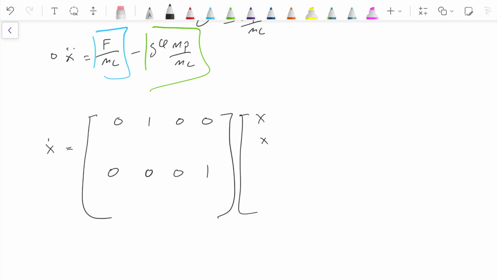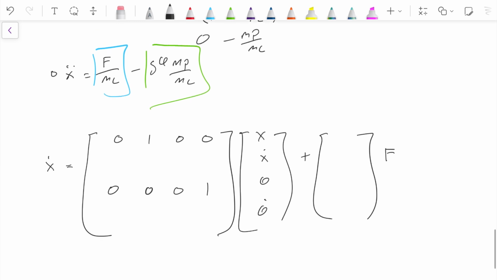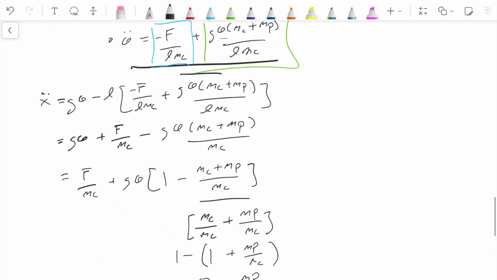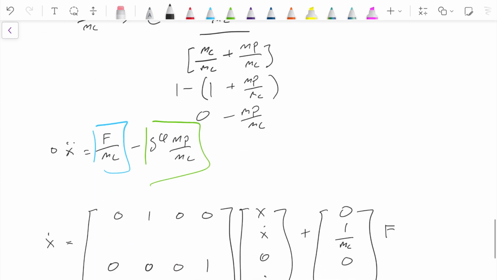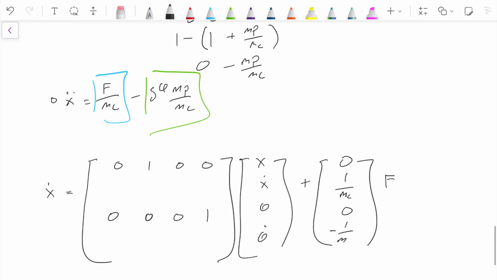And this is x dot, theta dot. And our B is a column vector that is multiplied by F. And so for x double dot, we know that we have F over Mc, and then above here, we have a minus 1 over Mc L.